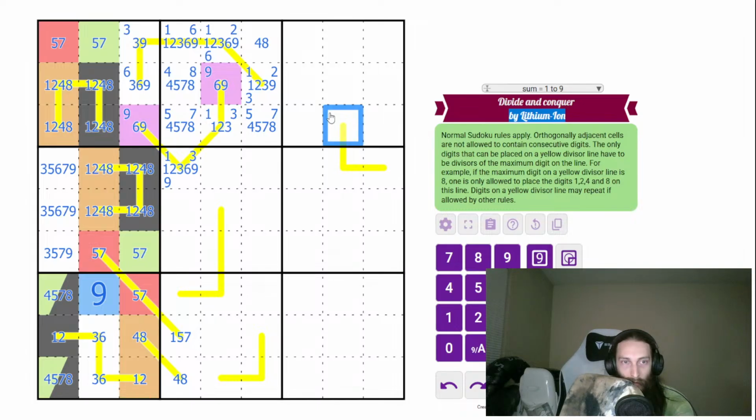And 8 can't go next to 9. Right. 4 can't be next to 5, 7. This is 1 or 5.